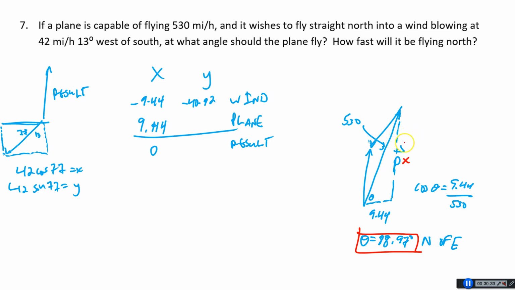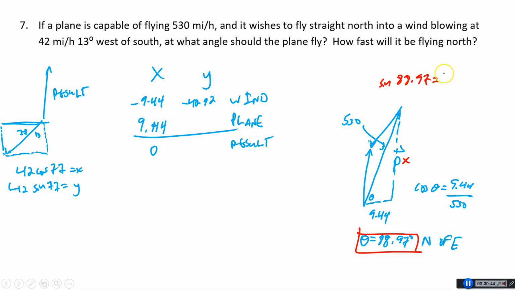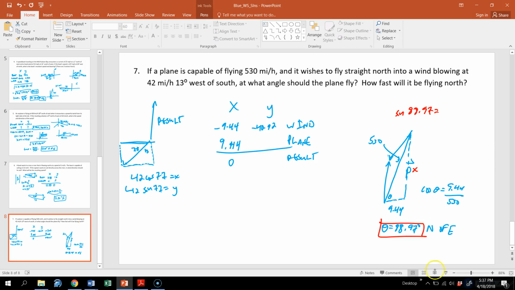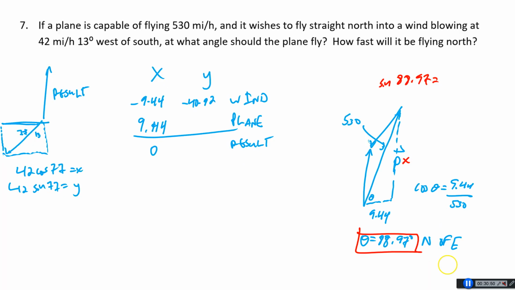So we're going to do a sine of 88.97, which is equal to opposite over hypotenuse, which is x over 530. Multiply by 530.